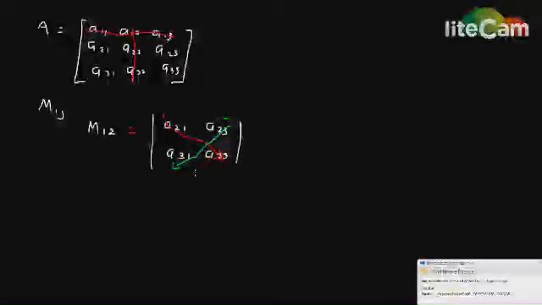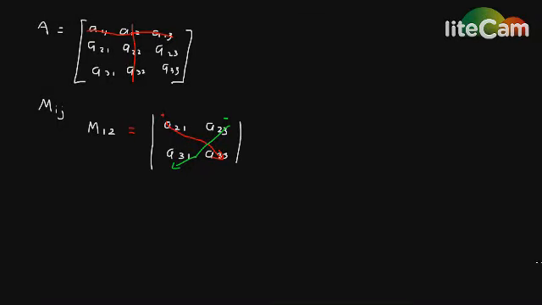So the determinant of this matrix works out to be A21 A33 minus A23 A31, just by taking the determinant of a 2 by 2 matrix. Okay, and that's how you would calculate a minor of a matrix.